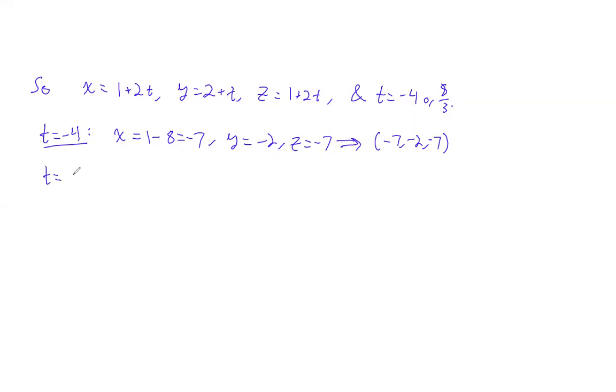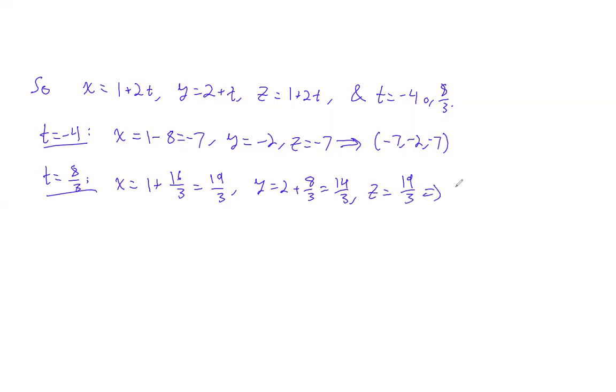Or we could have t equals 8/3. T equals 8/3 would give us x equals 1 plus 16/3, or in other words, 19/3. Y equals 2 plus 8/3, or in other words, 14/3. And z again would be 19/3.